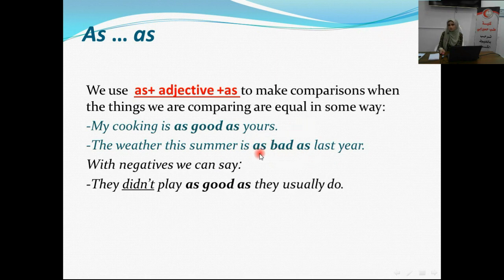You have to notice we put the adjective between the first as and the second one. Also, we can make it negative by saying they didn't play as good as they usually do. We just make the auxiliary verb of the sentence negative, and we use it in this way. They didn't play as good as they usually do.